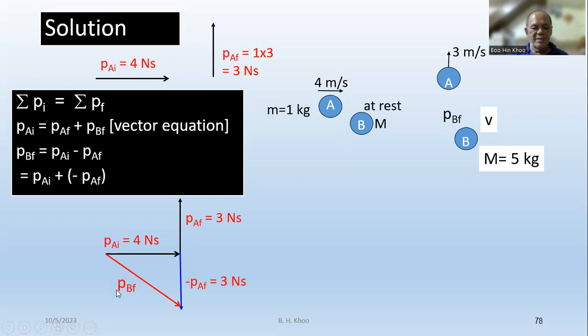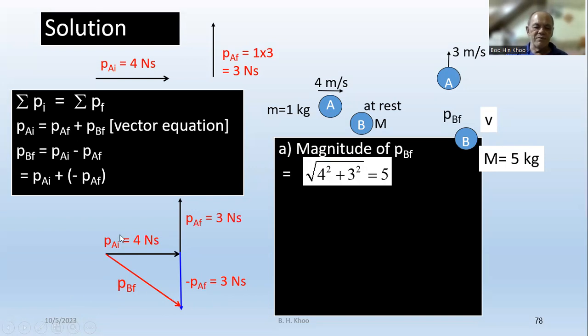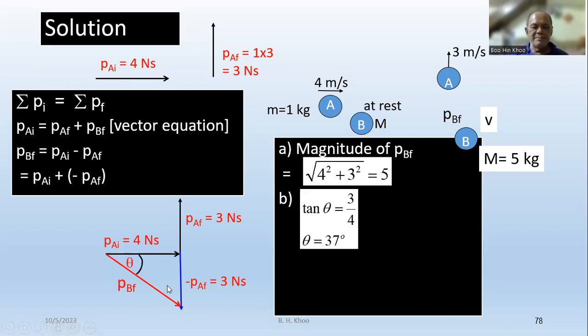We want to find that magnitude and this angle. It's just 3, 4, 5. Or using Pythagoras' theorem, 4 squared plus 3 squared equals 25, square root is 5. Then we find the angle, this angle shown in the diagram. That's your angle theta. It's tan inverse of 3 over 4, which is 36.9 degrees.